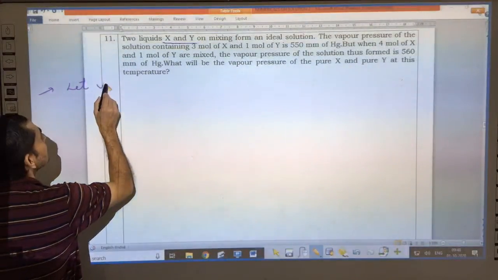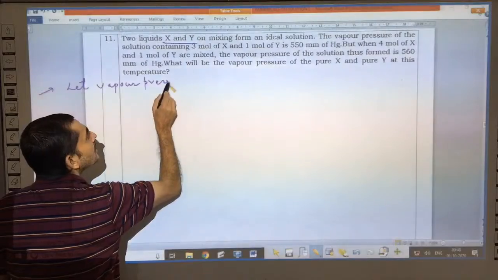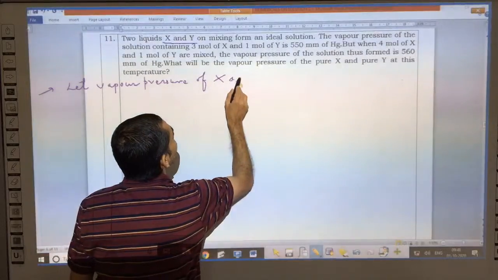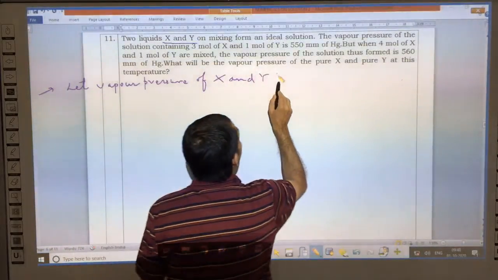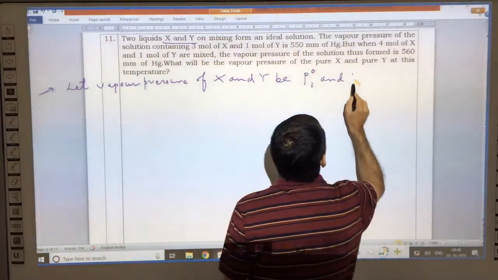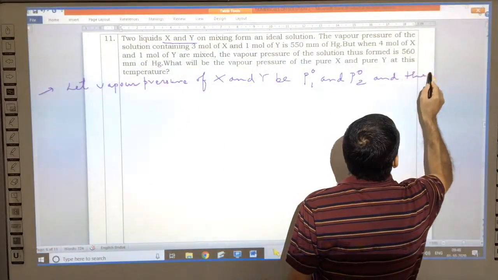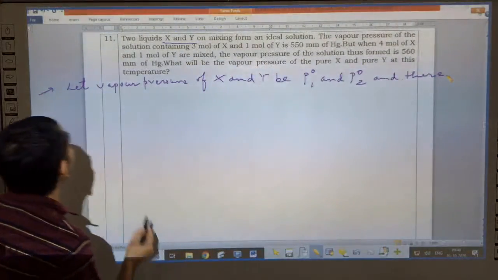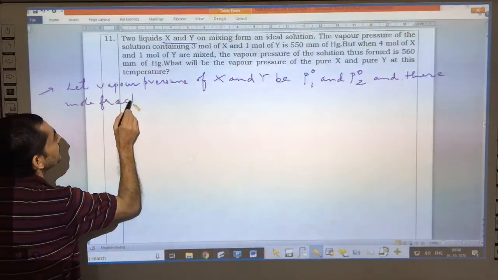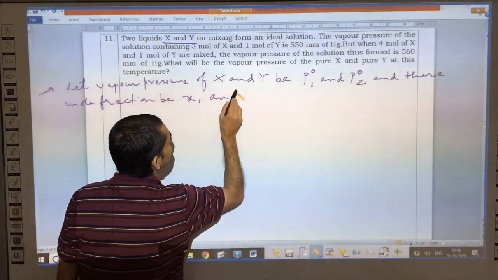Let the vapor pressures of X and Y be P01 and P02, and let their mole fractions be X1 and X2.